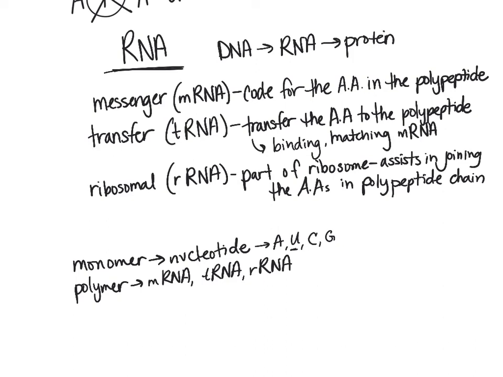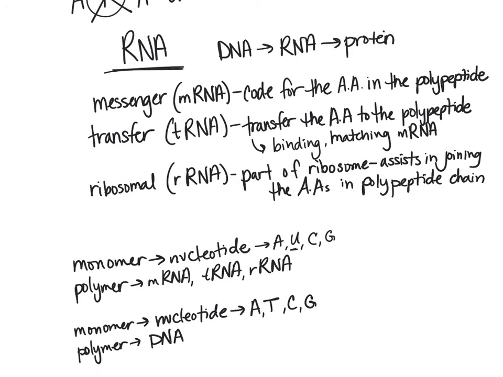Versus when we were looking at DNA, the monomer was the nucleotide, but the nucleotides include A, T, C, and G, and our polymer was DNA, just one, DNA.